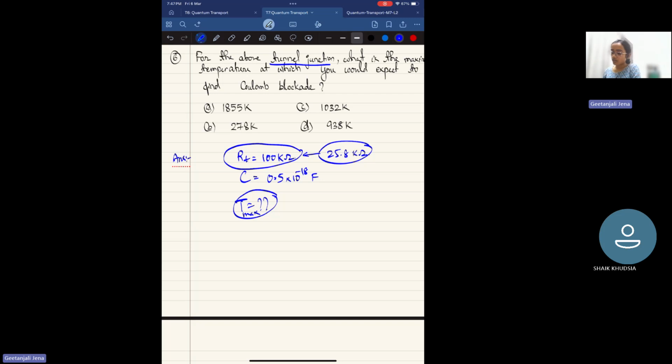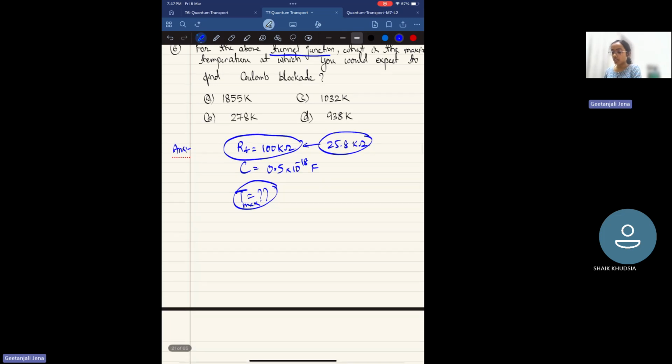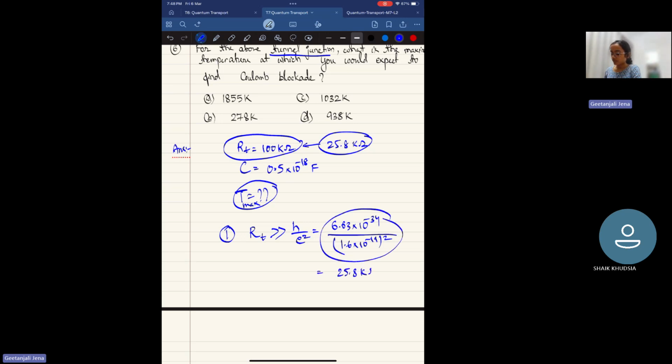So 25.8. If you recall the Coulomb blockade effect, one of the conditions we have is that the tunnel resistance, which is RT, should be greater than h by e square. If you put the value of h, which is 6.63 into 10 to the minus 34, and e, which is 1.6 into 10 to the minus 19, squared, if you calculate it, it will come around 25.8 kilo ohm.